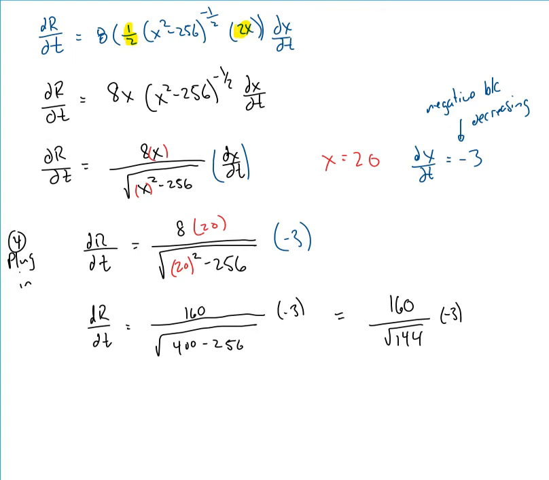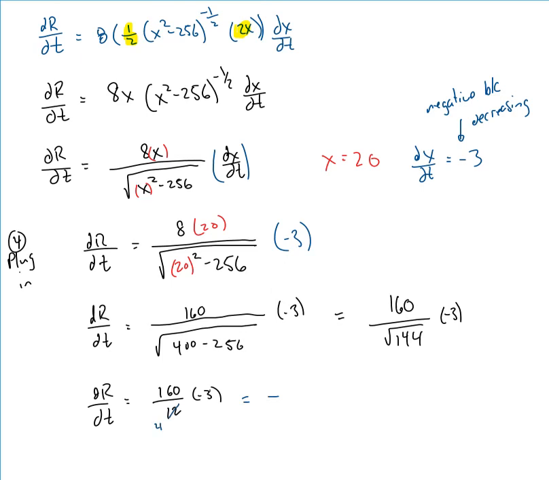So we have dR/dt is 160 divided by 12 times negative 3. And at this point, we could plug it all in a calculator, or I'm going to do a little simplifying. So I see it will be a negative number, so let's put the negative out front. But I know 3 and 12, I could divide each of those by 3.